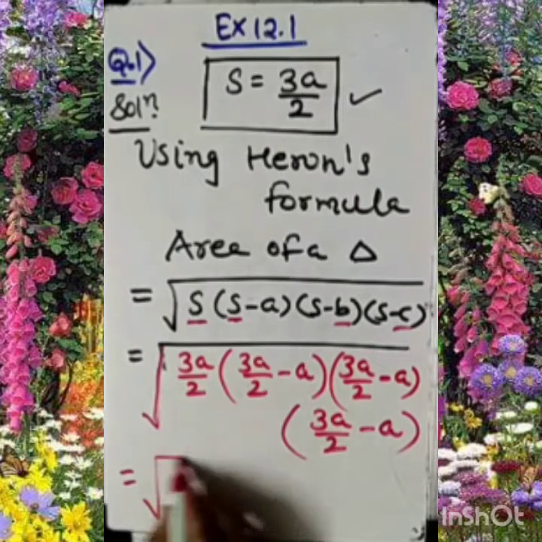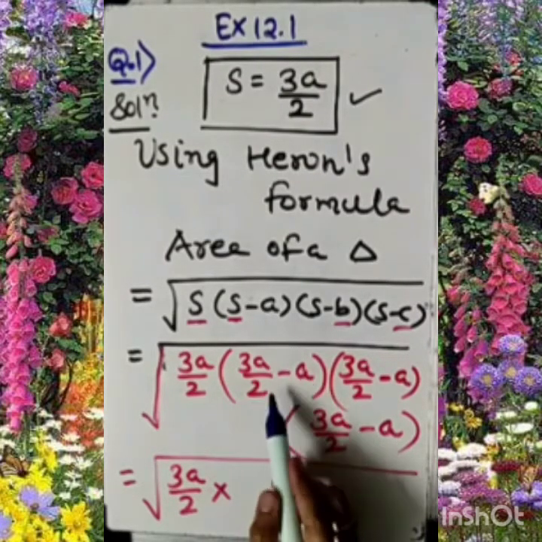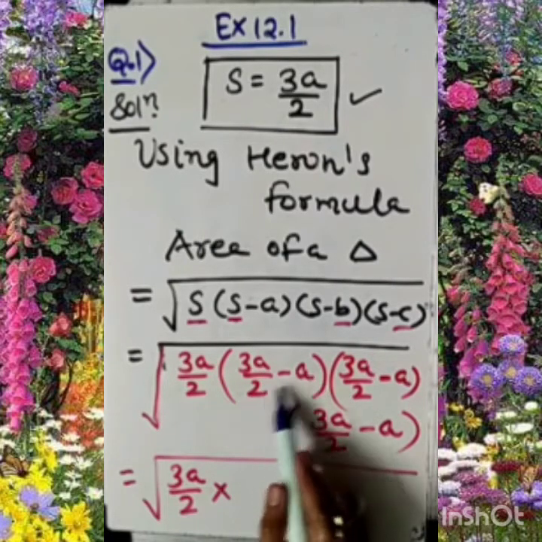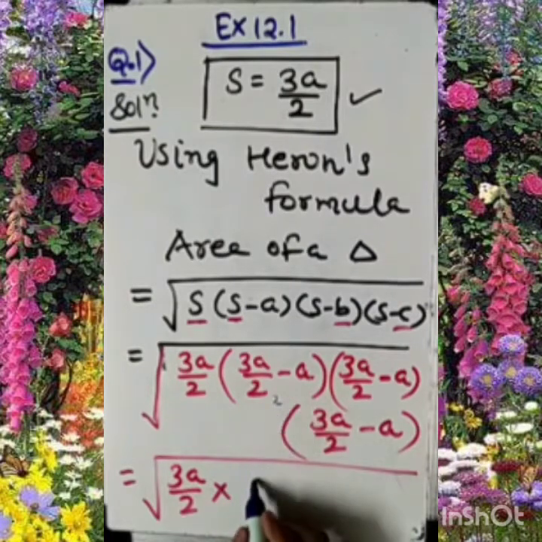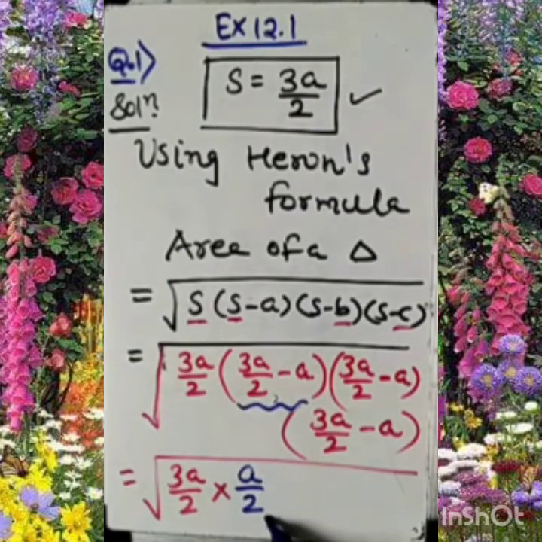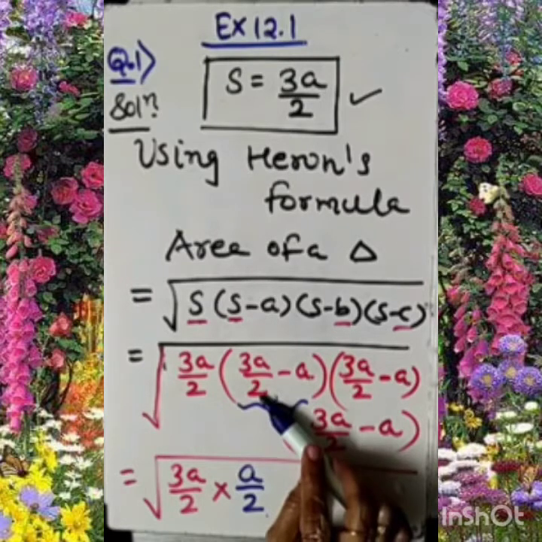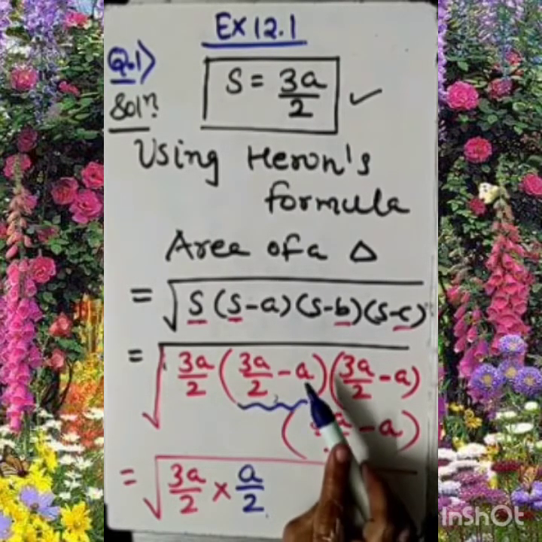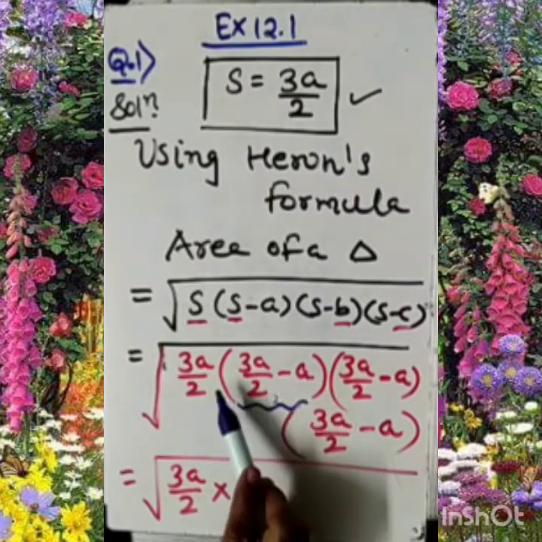So this 3a by 2 is already here. Let it be as it is. Now let's simplify the rest. 3a by 2 minus a: the 2 is the denominator, so we have 3a minus 2a upon 2.